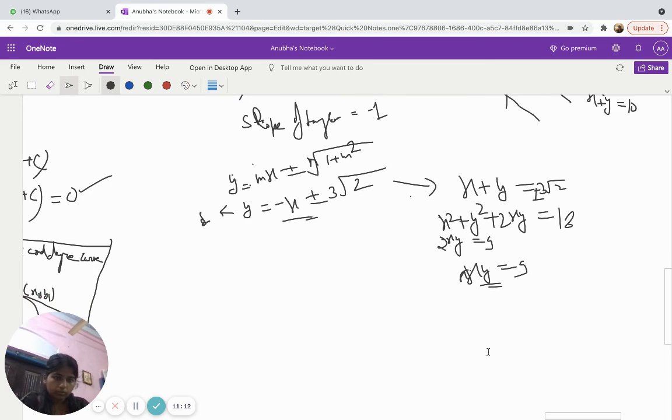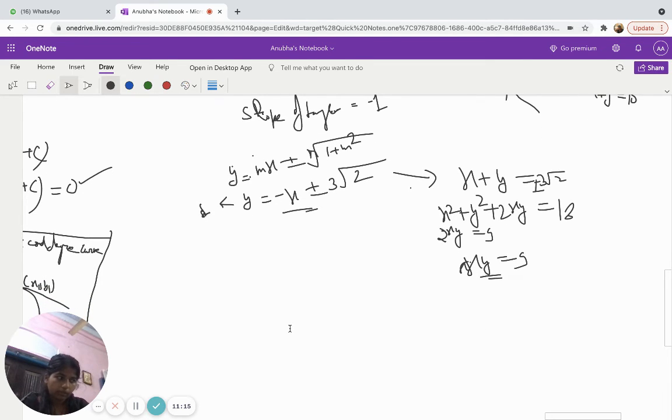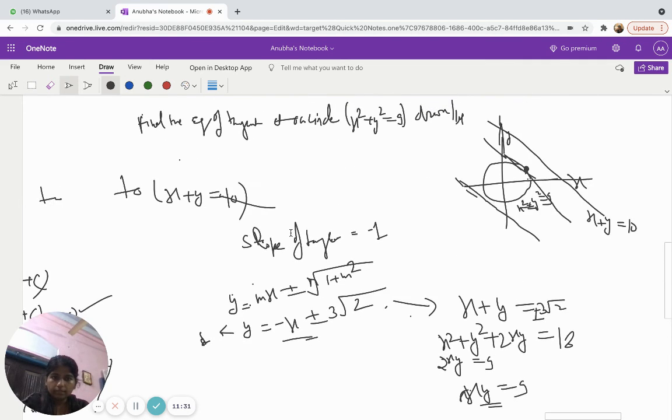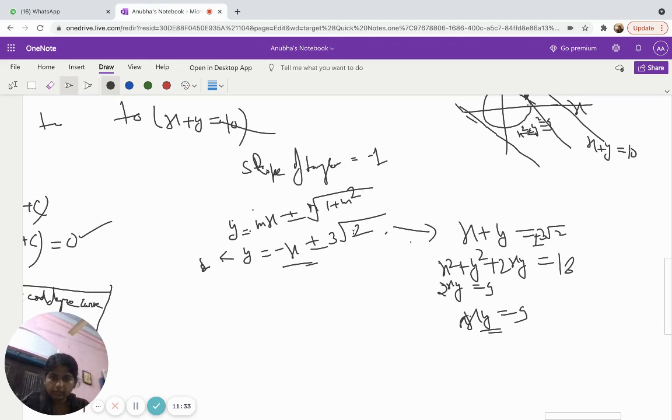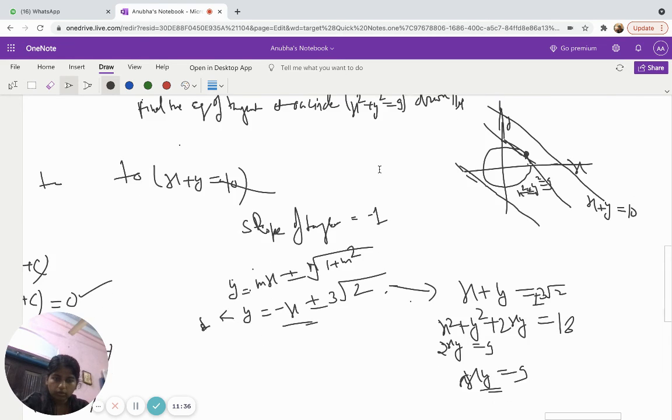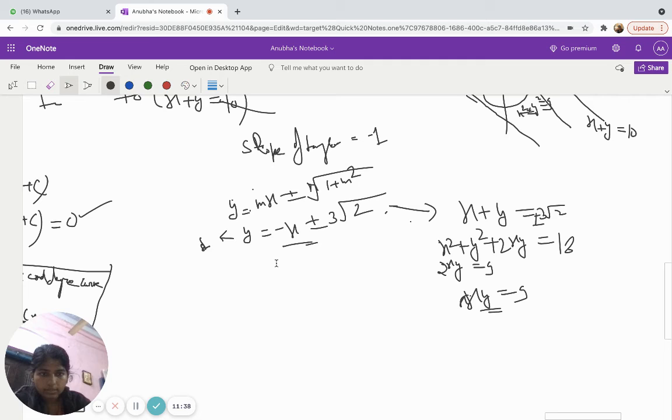So we got xy equal to 9 by 2, and as we already know, the point must satisfy this tangent and this circle also. So let's do y1 minus x1 whole square.